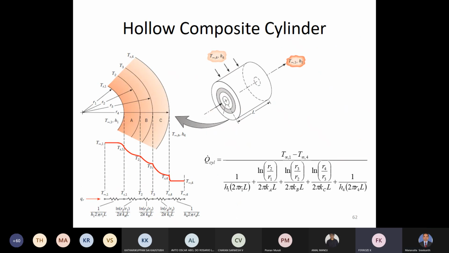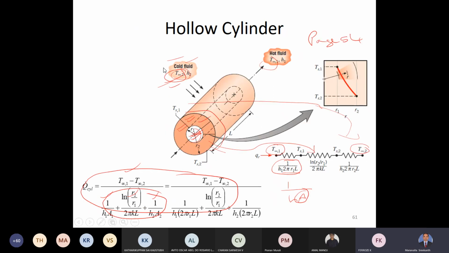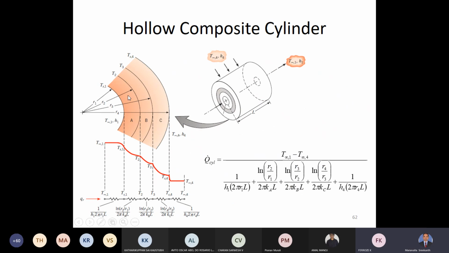The next is again a hollow composite cylinder with a larger number of resistances. Here you see there is only one wall, but there can be several walls. A typical example is a pipe carrying a very cold fluid.